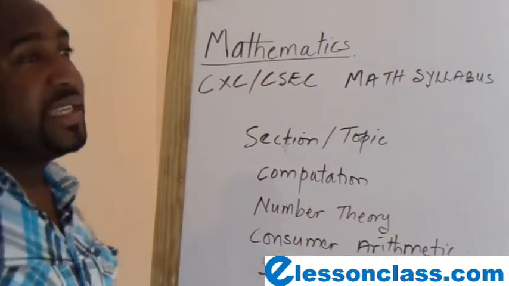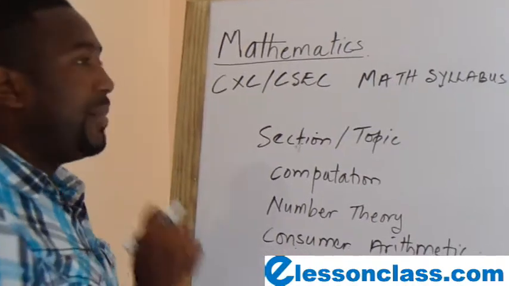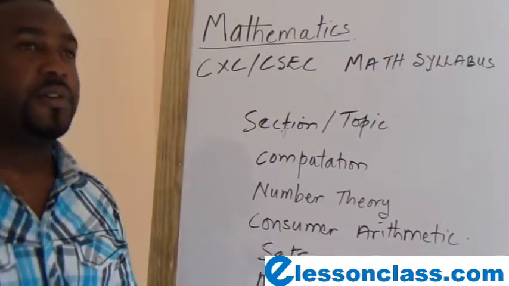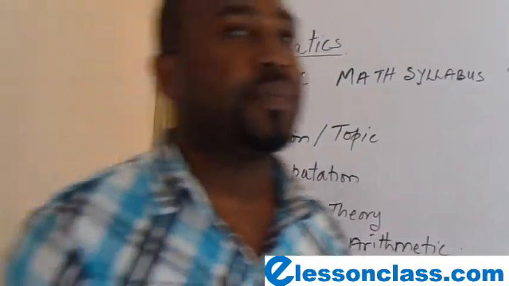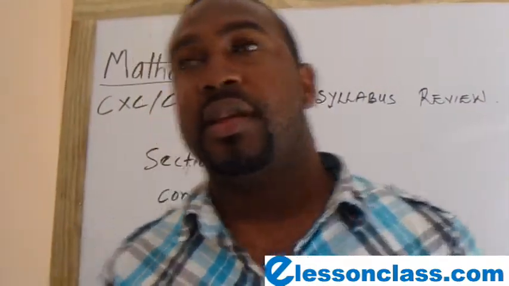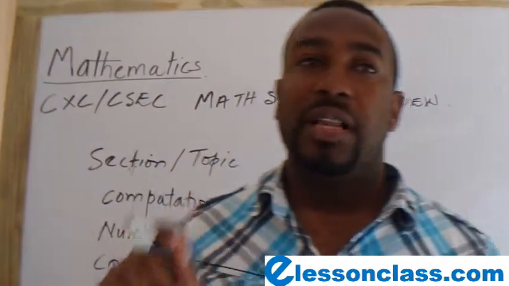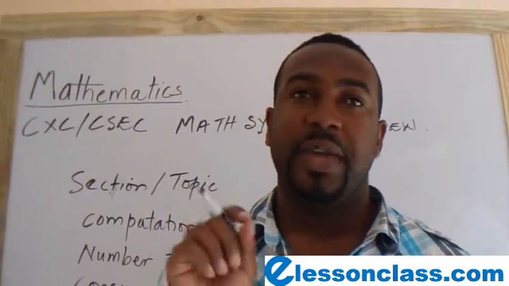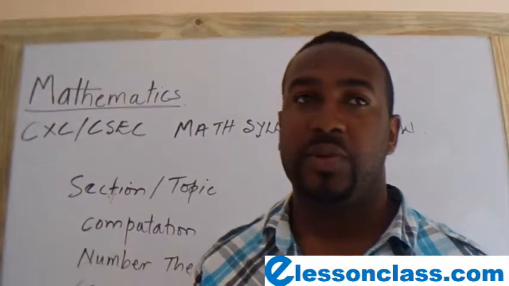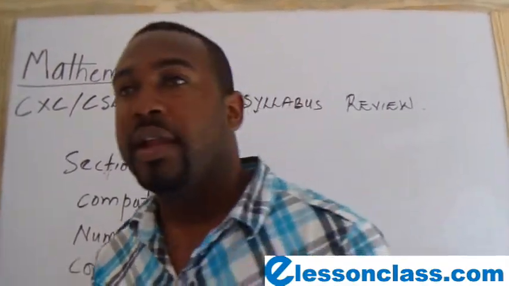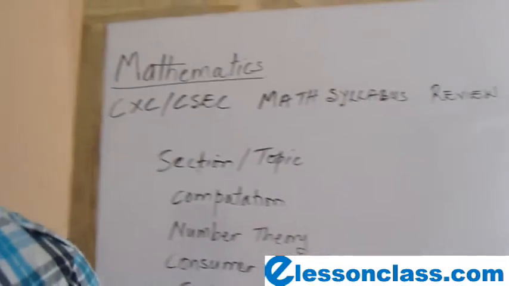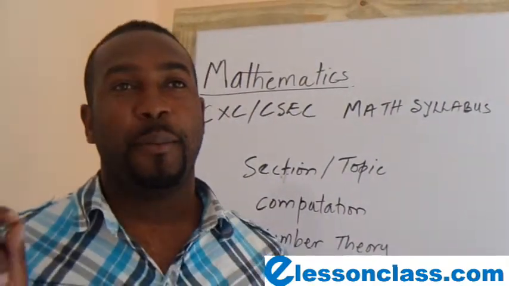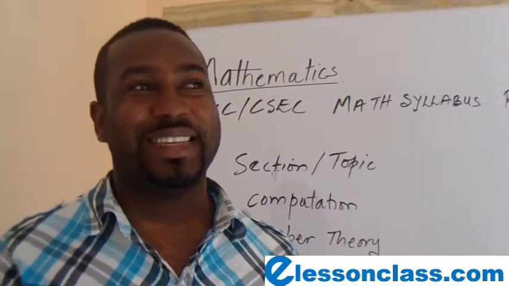The CXC Maths exam, or the CSEC Math exam, consists of 2 papers: paper 1 and paper 2. Paper 1 is the multiple choice paper, which consists of 60 basic questions.